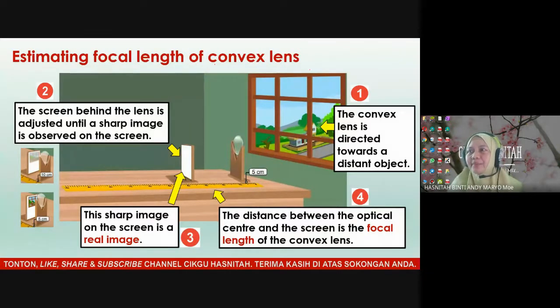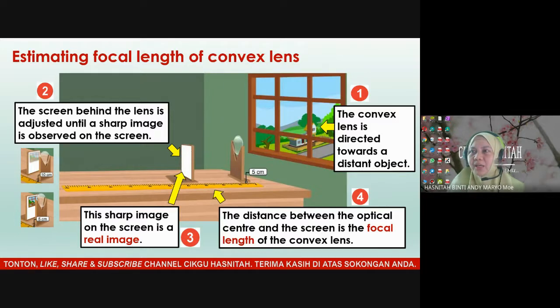The first step, as shown in this diagram, we place a convex lens directed towards a distant object. For example, we place our lens here aside from this window. Second, we place the screen behind.